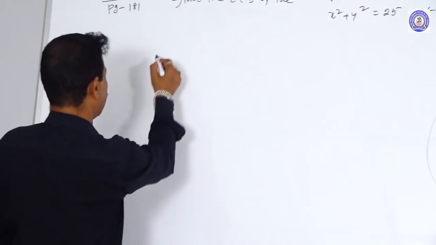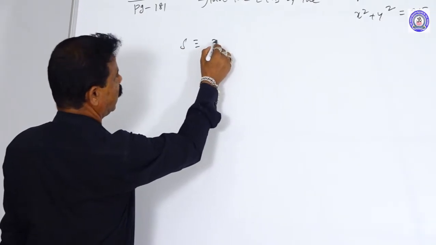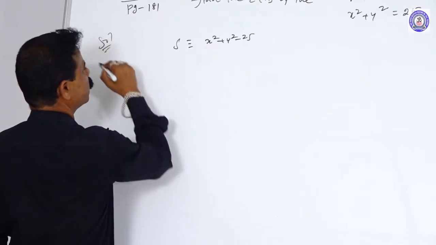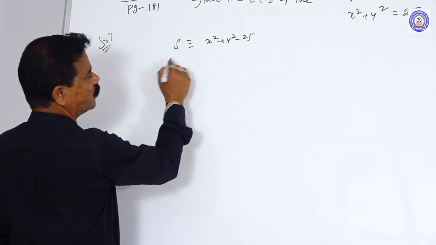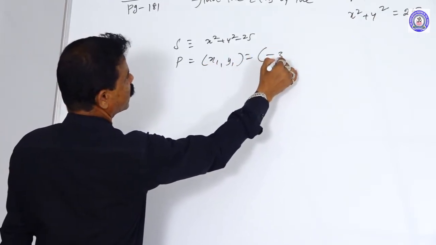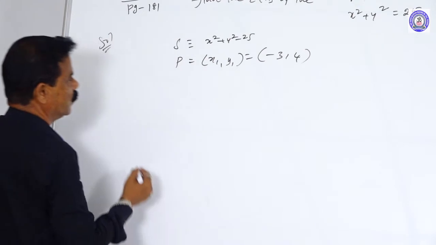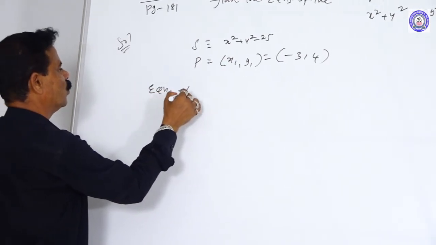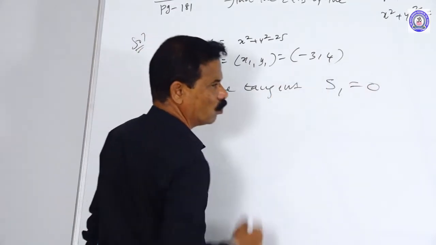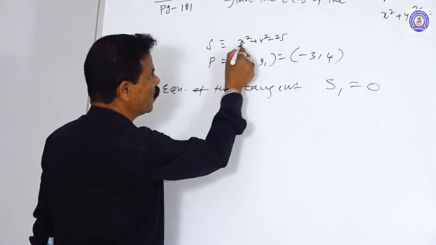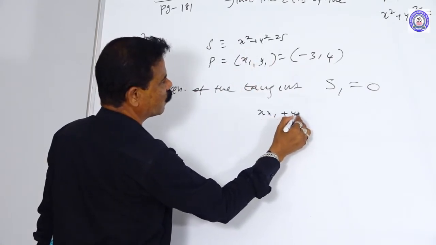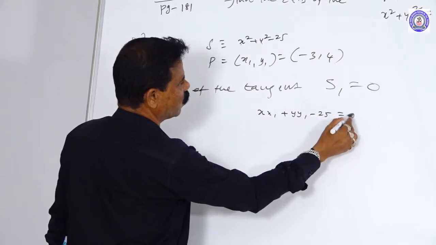So here S is the equation of the circle, x square plus y square minus 25, and the point x1, y1 is equal to minus 3 comma 4. Equation of the tangent we know: S1 is equal to 0. In S1, in x square, y square we substitute x1, y1, minus 25 is equal to 0.